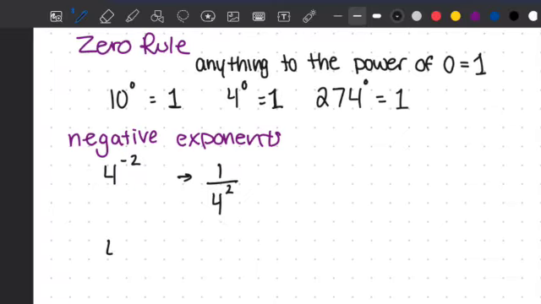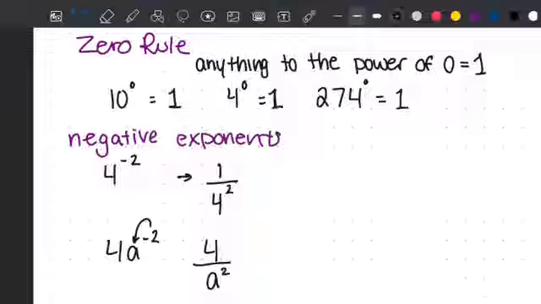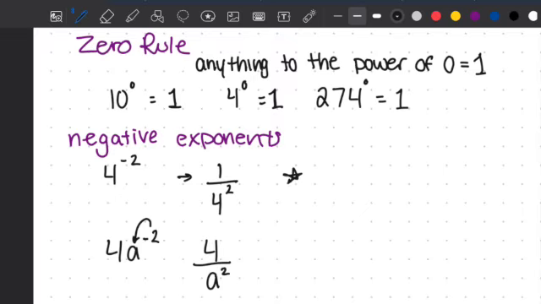In a more complicated way, if I have 4a to the negative 2, that exponent is only on my a. So I would have 4 over a squared. If there were brackets, that would be different, but because there are no brackets, that negative 2 is only on my a squared.